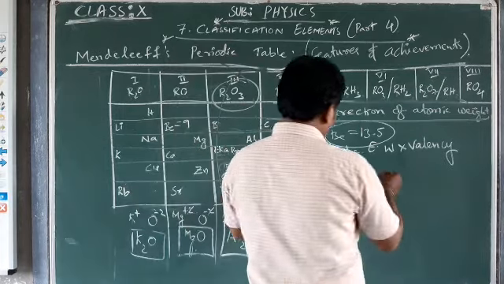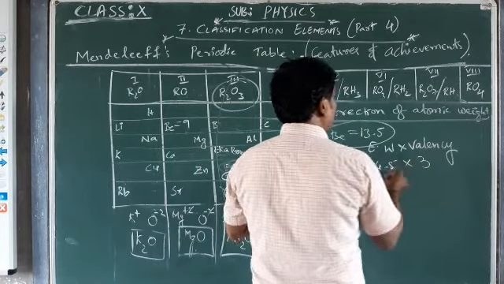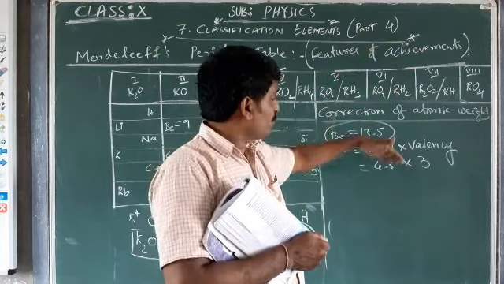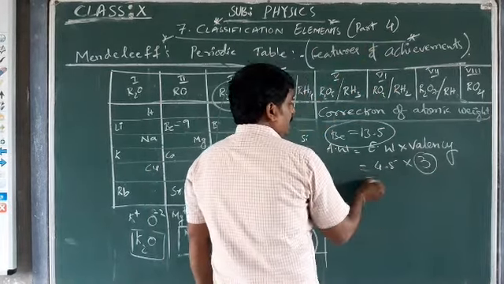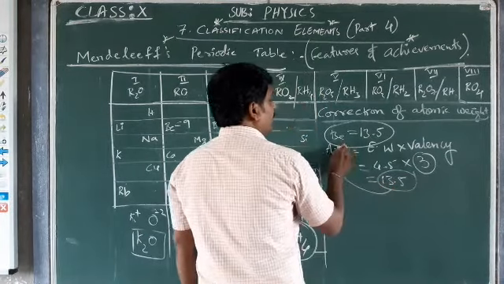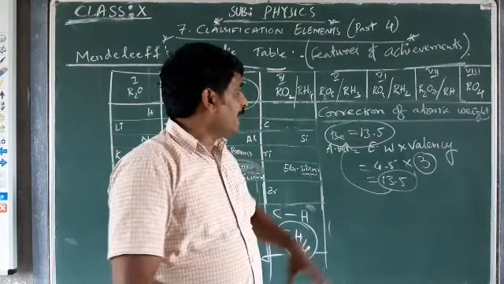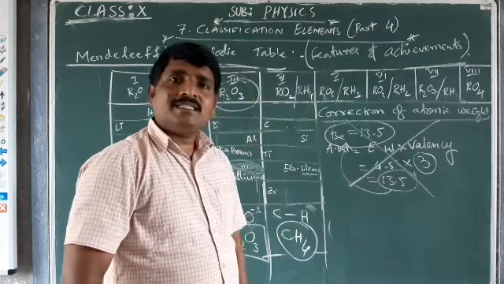The equivalent weight of beryllium was 4.5, and the valency of beryllium was thought to be 3. Considering valency 3, the atomic weight was calculated as 13.5. Actually, which was wrong.